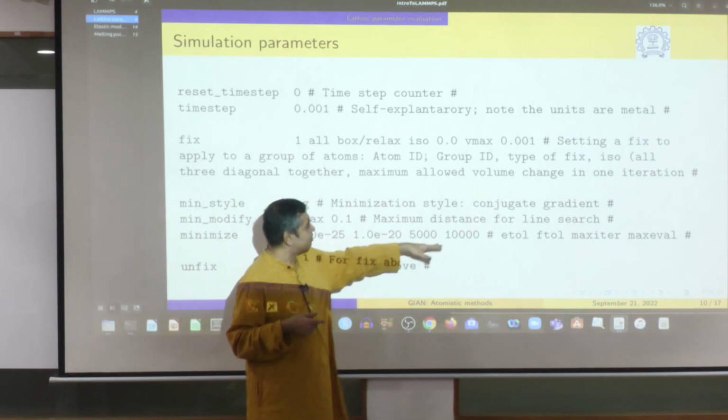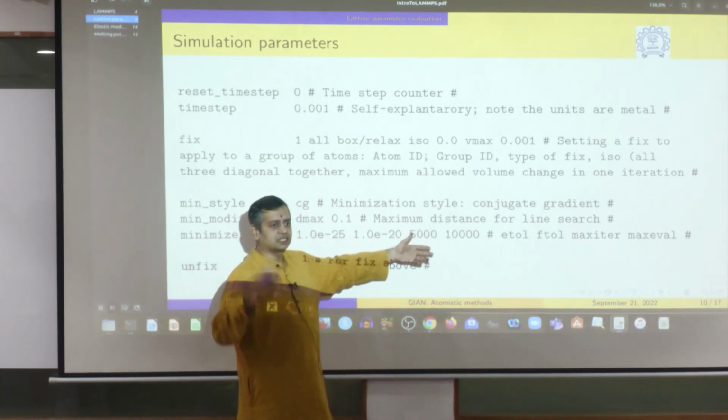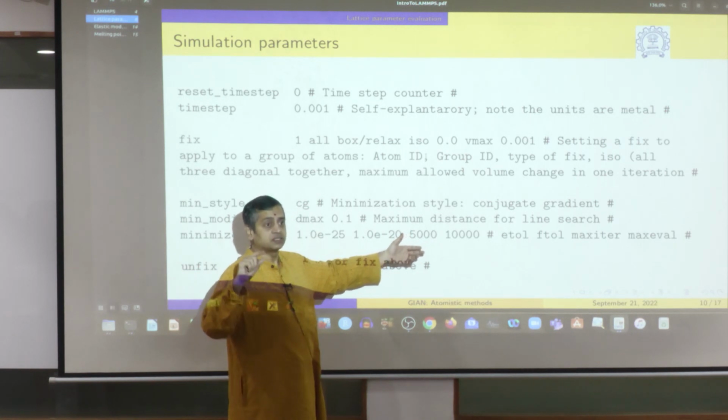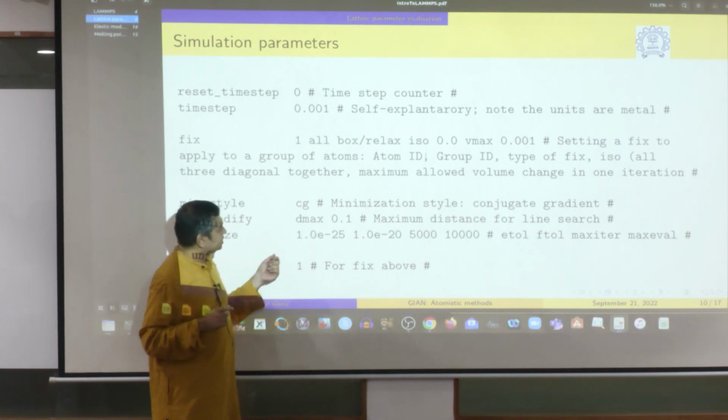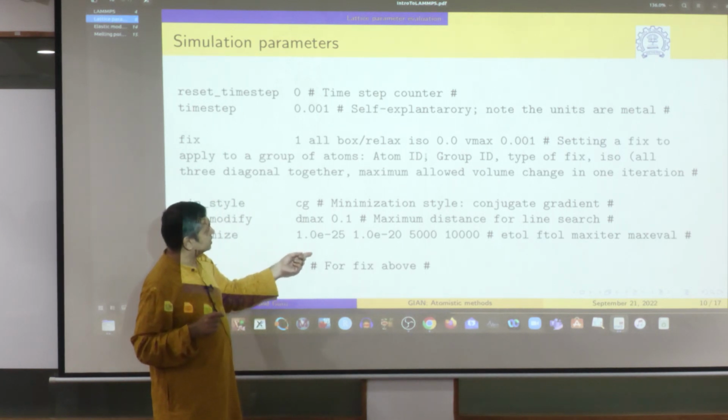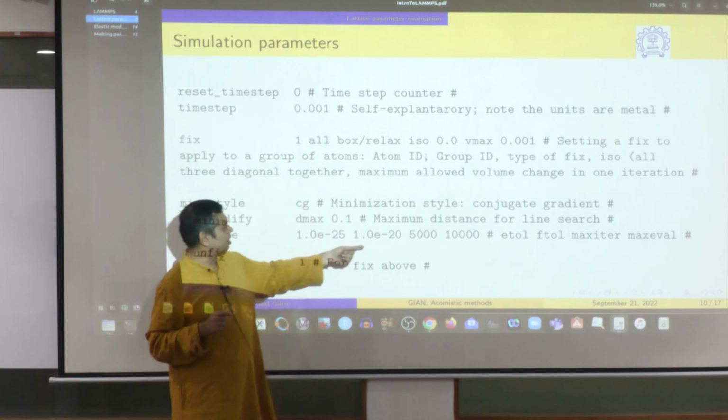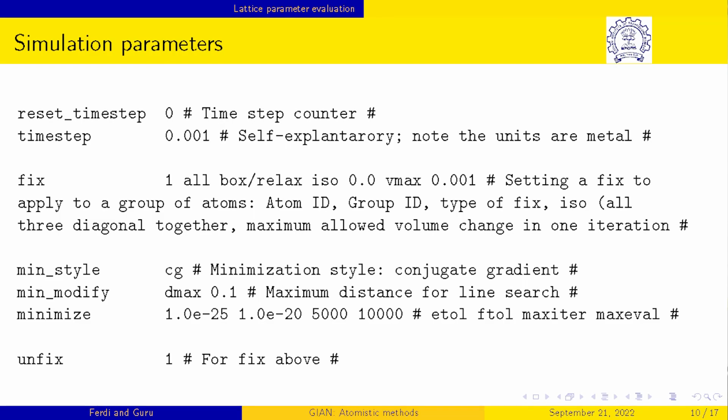If you put some 5 or 10 and then it reaches the maximum iteration or maximum evaluation and it comes out, then it won't have minimized actually. And I think whichever is achieved earlier, E tolerance or F tolerance, it will come out, but you can check the manual and you will get the information, why it came out, how it came out, etc.